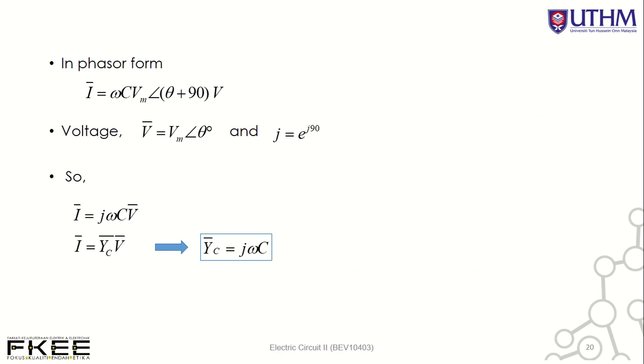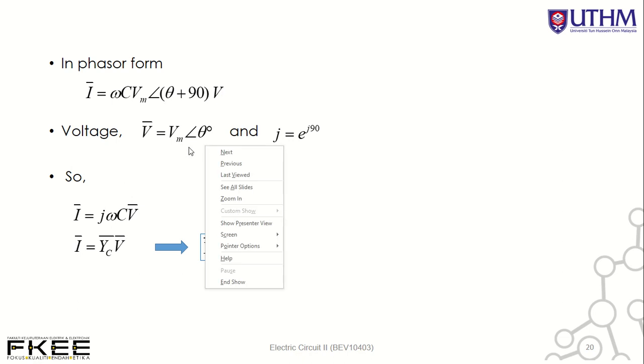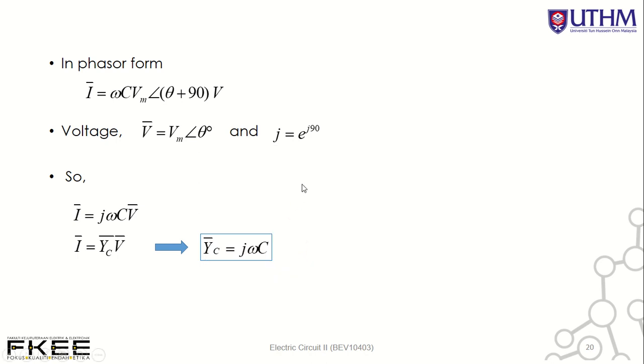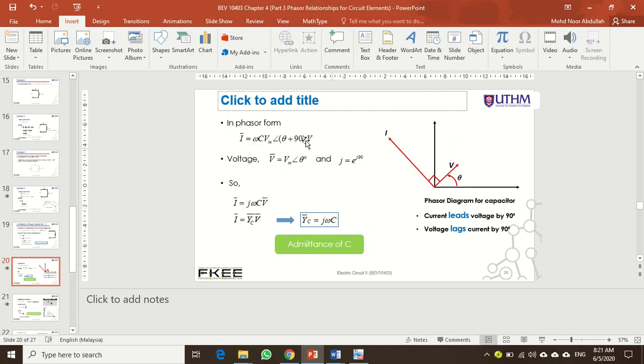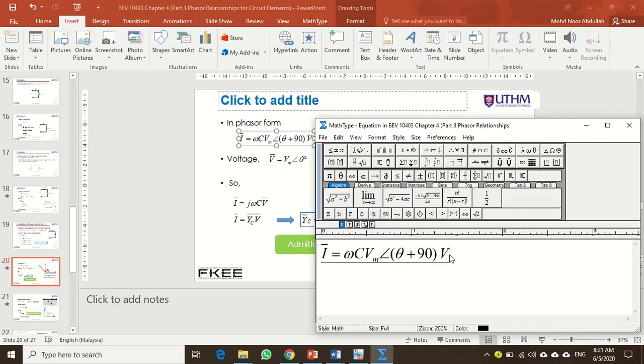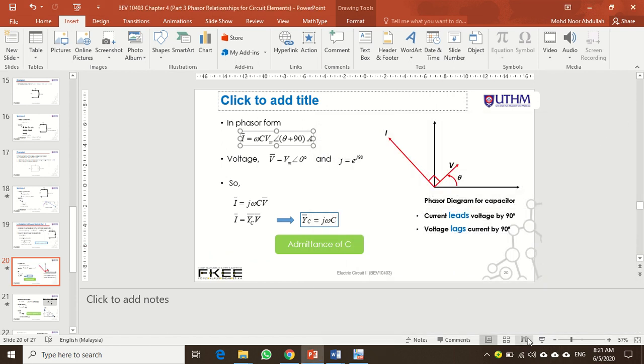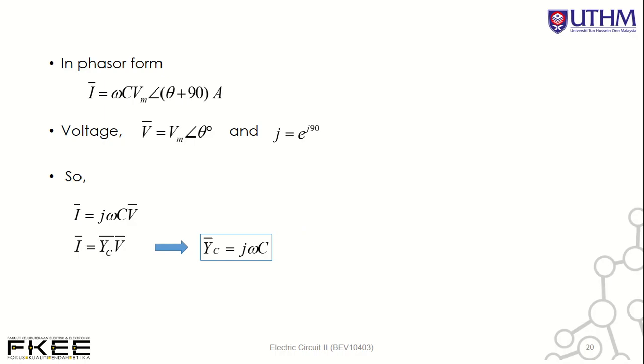So you can write in phasor form I equals omega C Vm angle theta plus 90 degrees. Sorry, this is ampere, so many typo errors, sorry. Current equals omega C Vm.